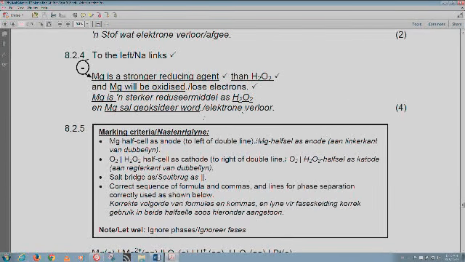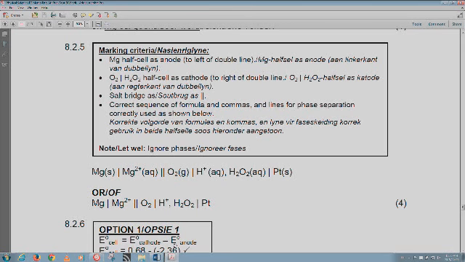And then 8.2.5, write down the cell notation for this cell for 4 marks. Now, the marking criteria for the cell notation: there are 4 bullets there, one for each mark. For the 1st mark, the magnesium half cell is written as the anode to the left of the double line.